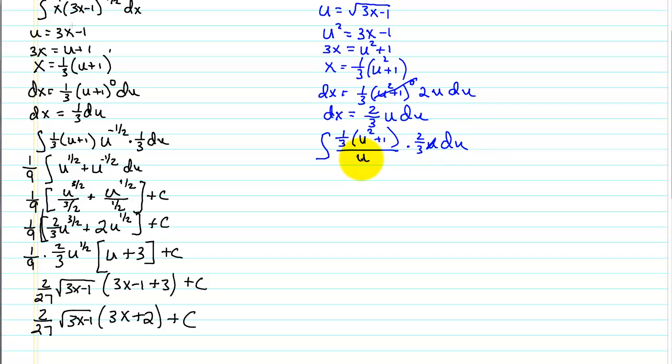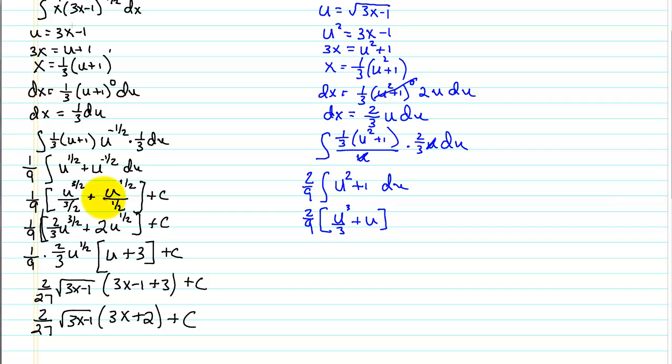This u cancels out with this u, and we have 2/3 times 1/3, so I'm going to bring that out front. And then we just have a very simple thing here now to integrate, u squared plus 1. And no fractions, so we have 2/9 times u cubed over 3 plus u.